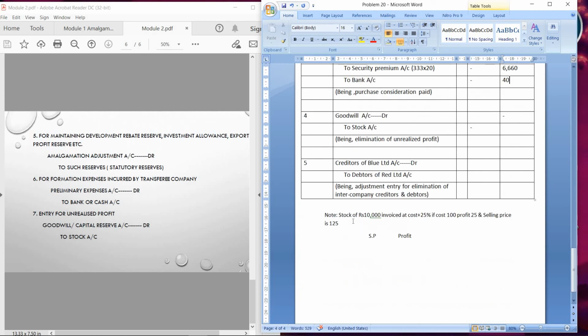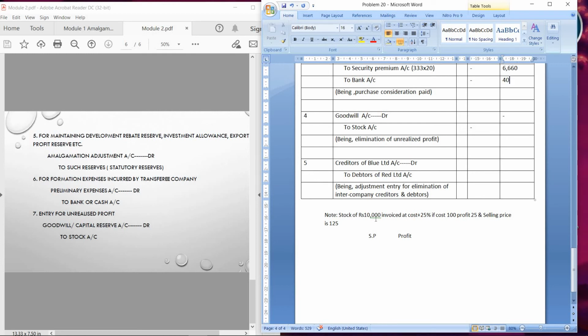So I just explain it. Note, now stock of rupees 10,000 is invoiced at cost plus 25%. So that means if cost is rupees 100, then profit is 25 and the selling price will be 125. So we have to analyze what is the amount of profit which is included in this stock of 10,000.